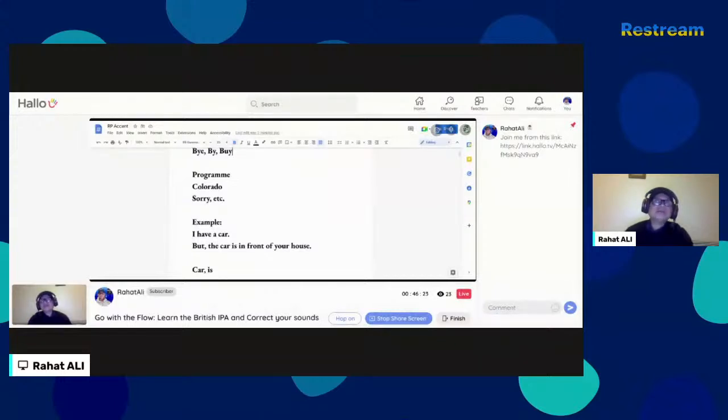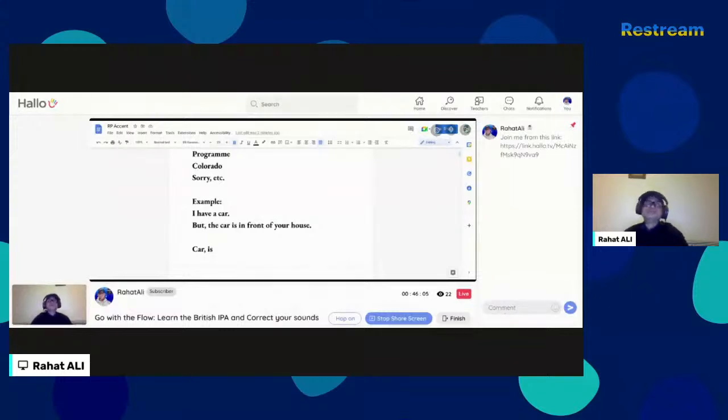I have a car, as you can see in the first sentence, and there is an R sound, and we do not pronounce it in British IPA or British pronunciation. But the car is in front of your house. Now here we are pronouncing the R sound because after R there is a vowel sound, I, S, is.